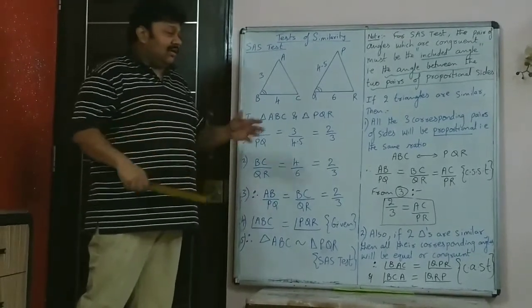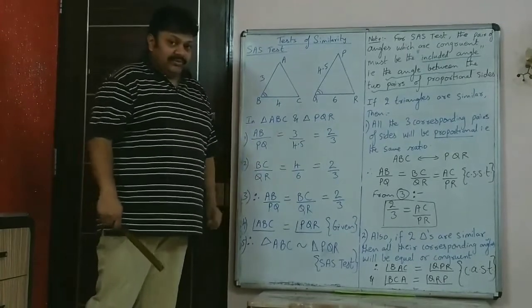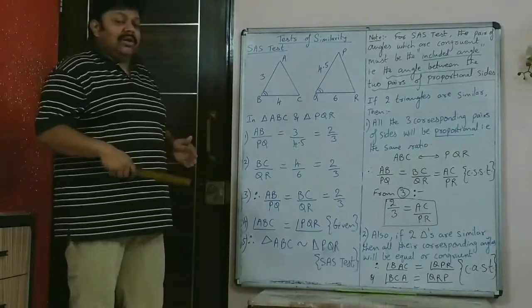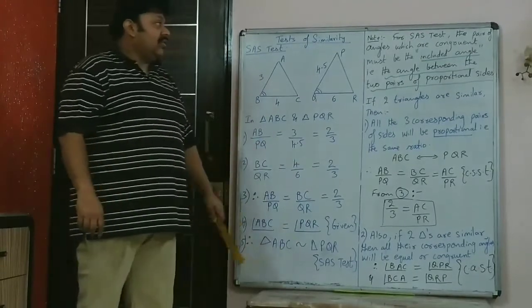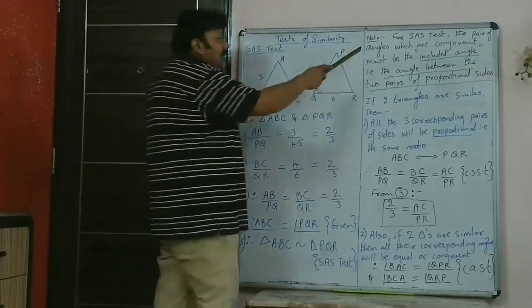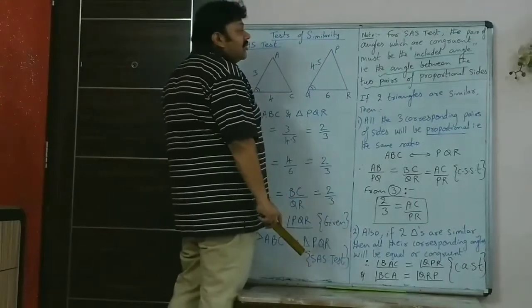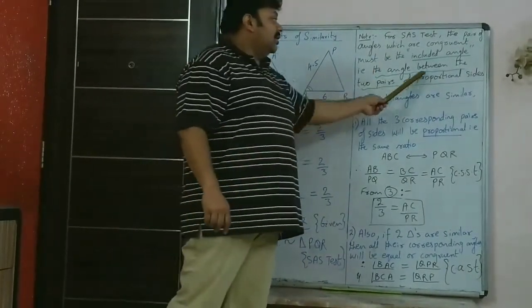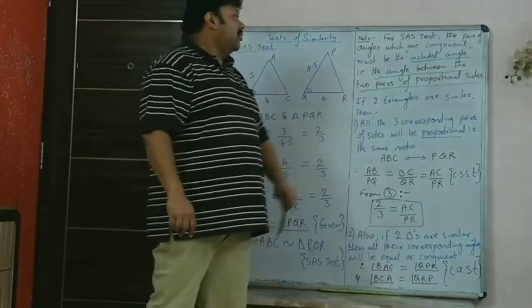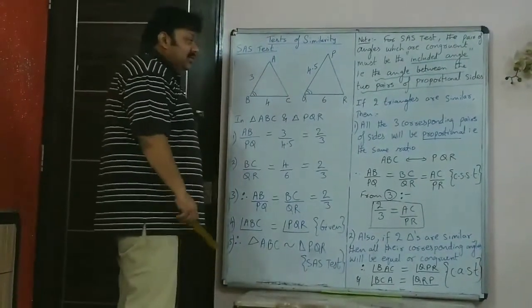If they were equal, fine, their ratio would be 1:1. But it need not be congruent, it just has to be in the same ratio, 2:3, 2:3. So for the SAS test, the pair of angles which are congruent must be the included angle, that is the angle between the two pairs of proportional sides.